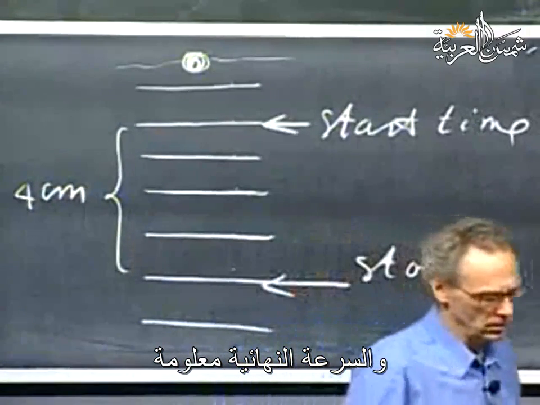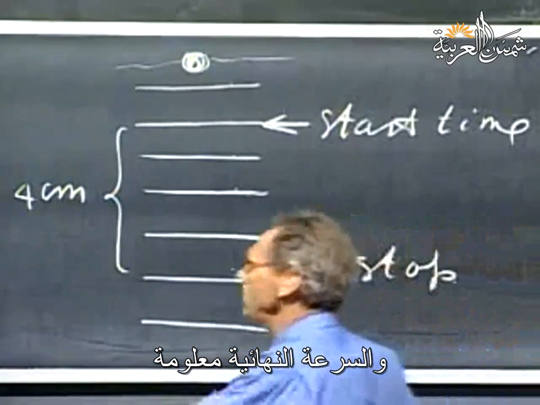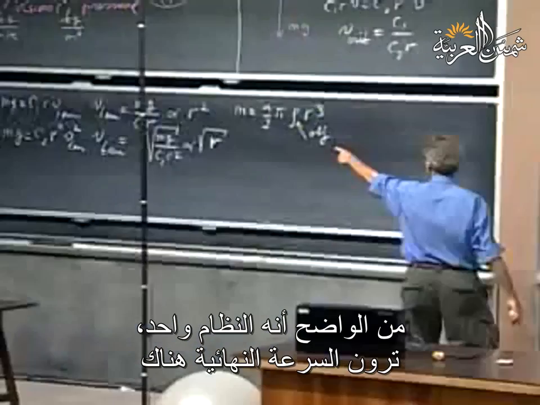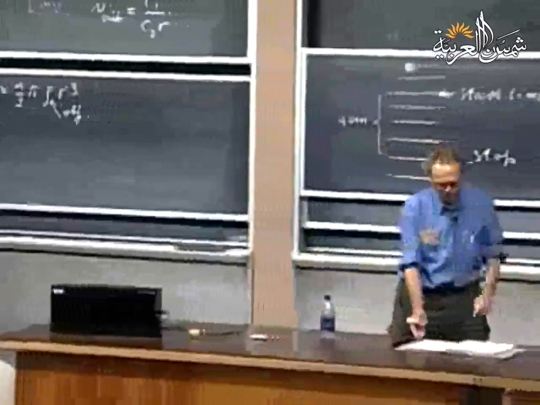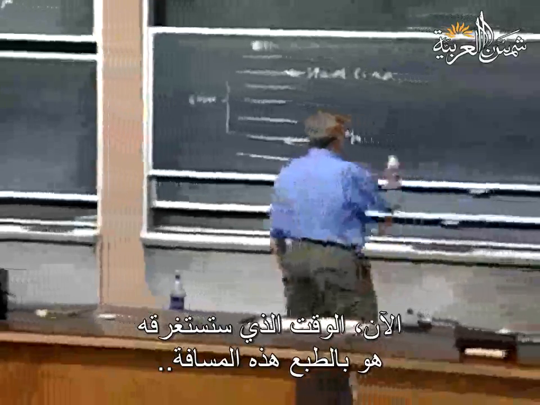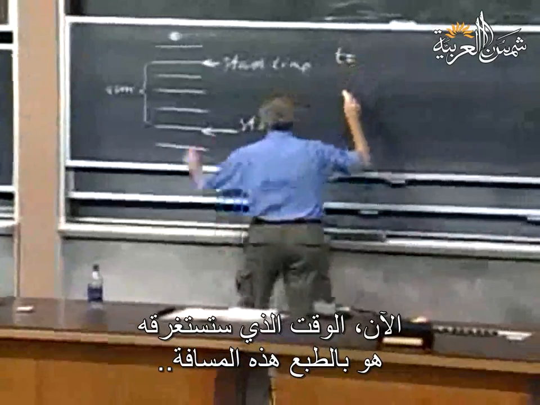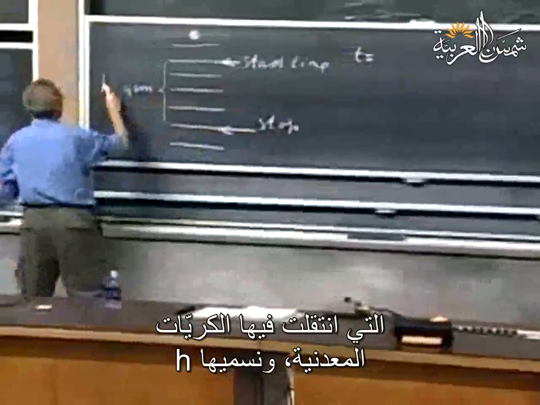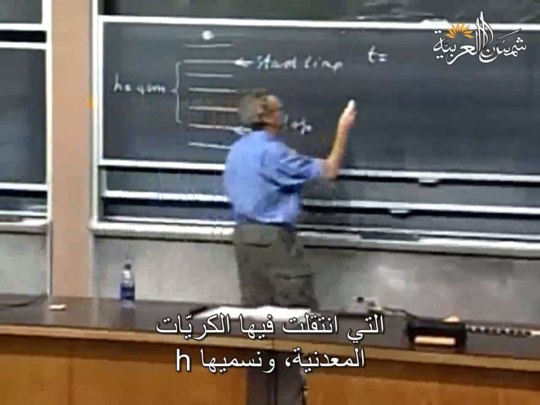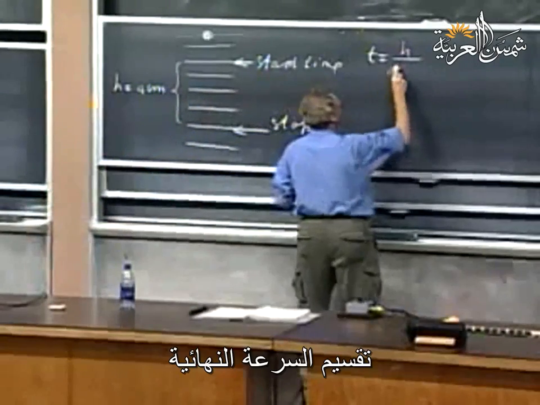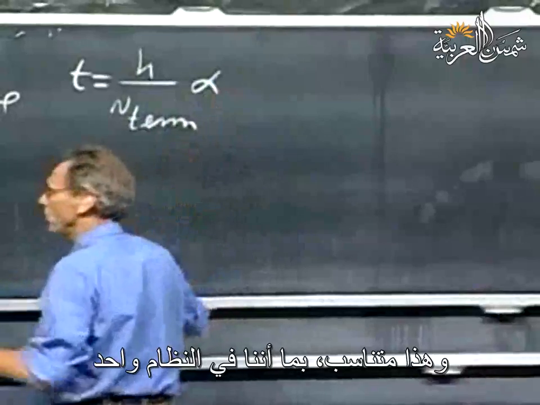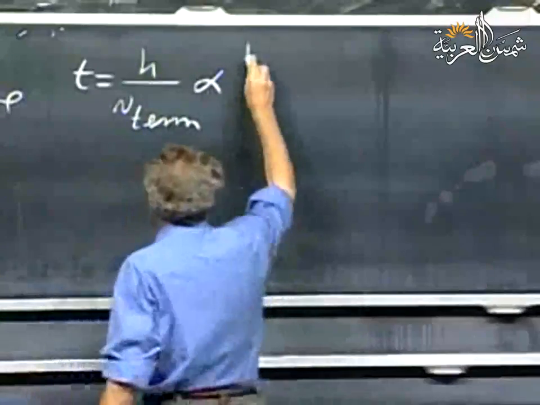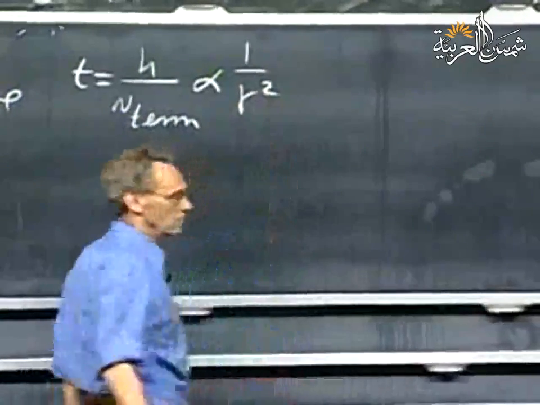And the terminal velocity is given, it's clearly regime 1, so you see the terminal velocity right there. Now the time that it will take is of course this distance, let me call it h, that the ball bearings travel, divided by the terminal velocity. And that is proportional, since you're in regime 1, to 1 over r squared.